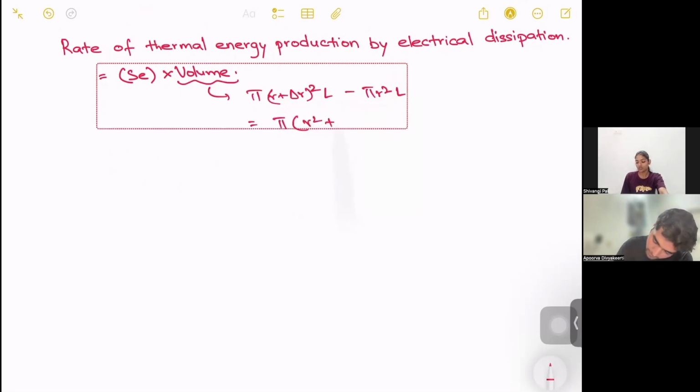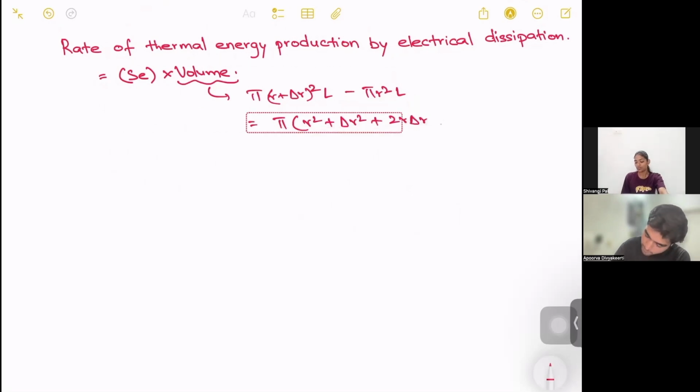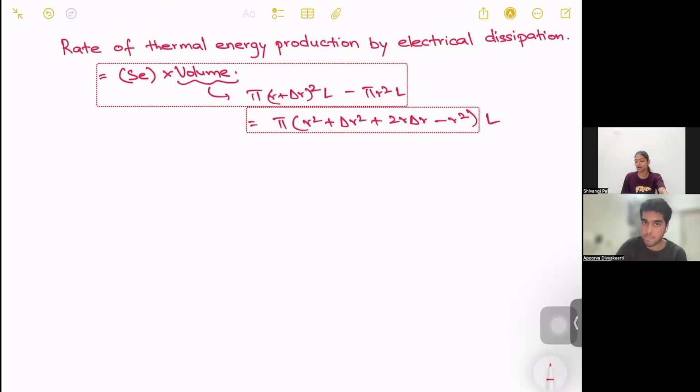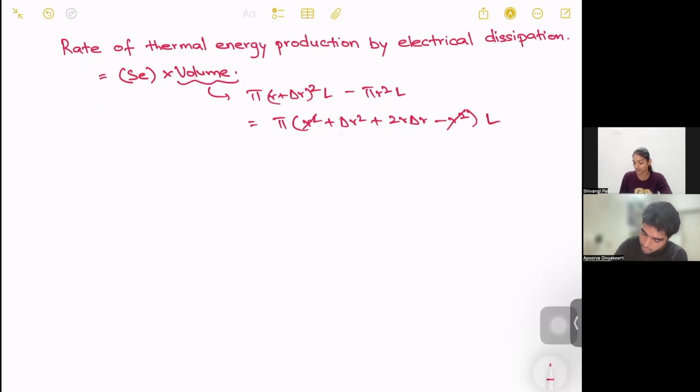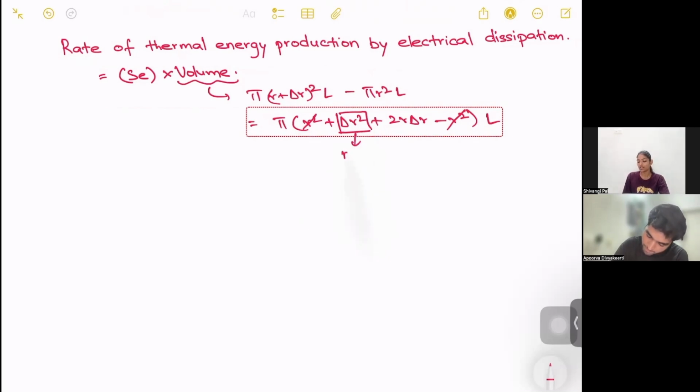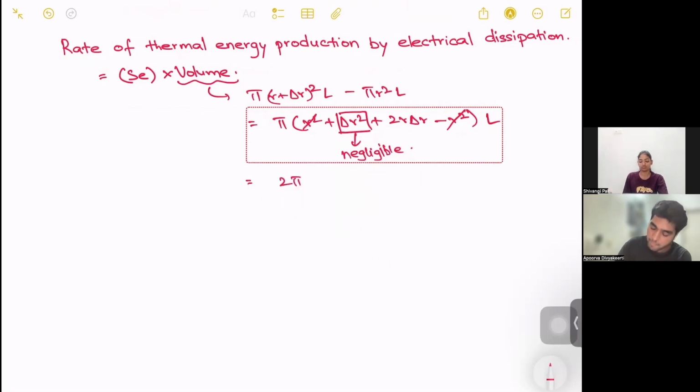What we get is pi r squared L plus pi delta r squared L plus 2 pi r delta r L minus pi r squared L. Pi r squared L and pi r squared L get cancelled out, and we are left with 2 pi r L delta r S_e. This is the total rate of heat production.